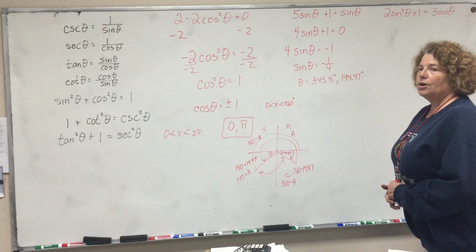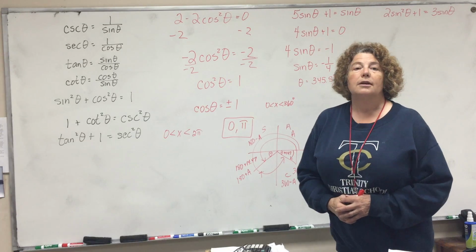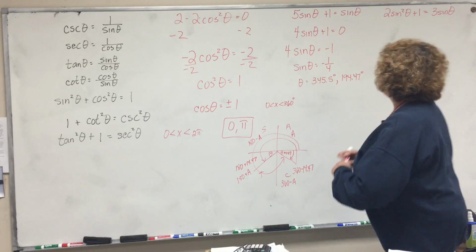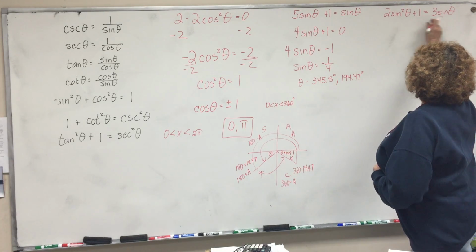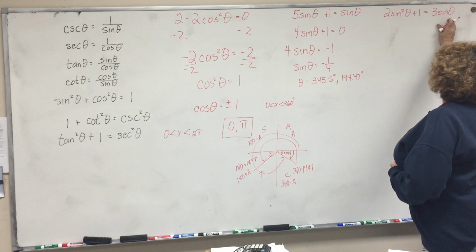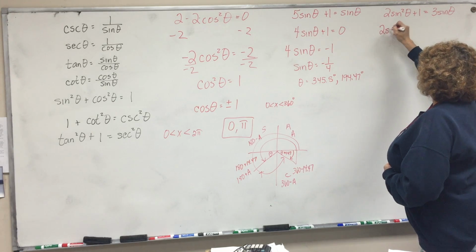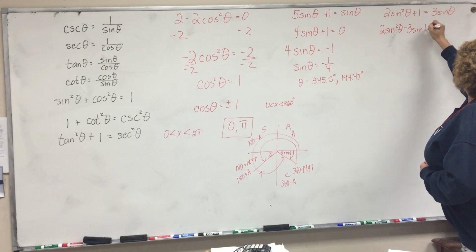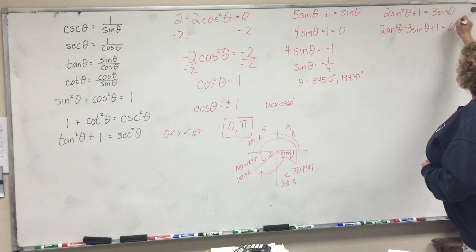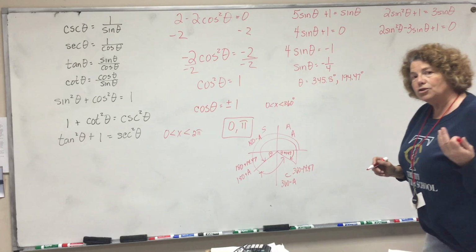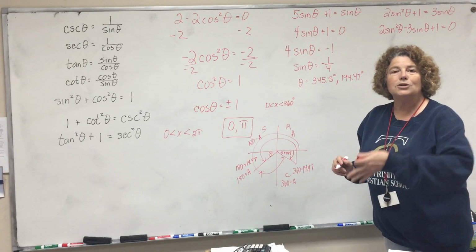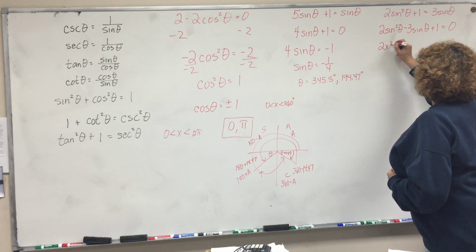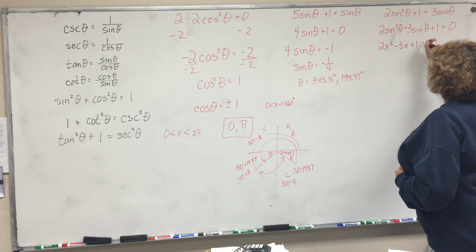Now, this one, you're going to have to remember how to factor your quadratic, or use the quadratic formula, whichever one you want, because here, when you have a sine squared and a sine, you have to rearrange your equation. If you're going to use the quadratic formula or the quadratic on your calculator, this is just like having 2x squared minus 3x plus 1.